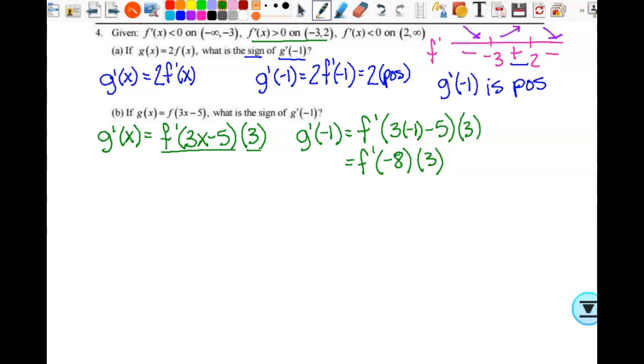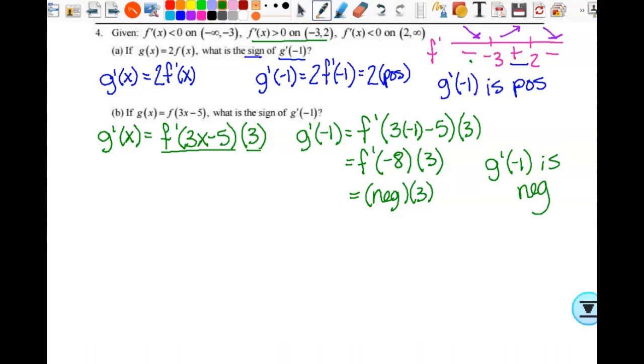We all good with that? Okay, so tell me about f prime of negative 8. It's negative. So this is equal to some negative number times 3. So that means that g prime of negative 1 is what? Negative.